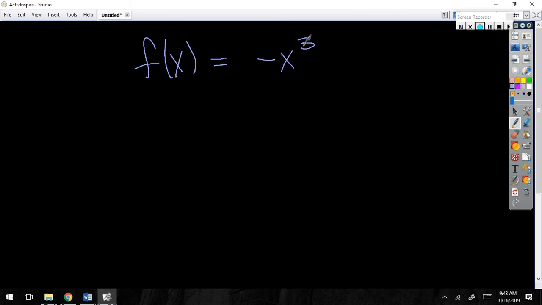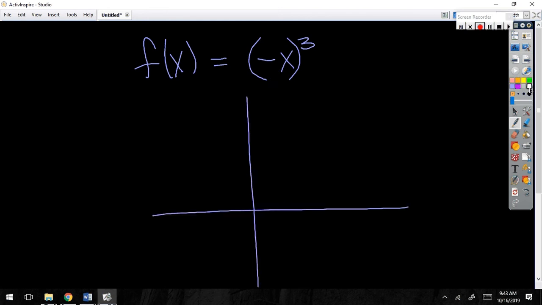Okay, what if I do this one? In this case, because it's odd, it's going to be the same thing. But that's okay, because I want to show you. What's the parent graph? It's going to be the same. That's why I said hold off on that one. Let me get to this one.